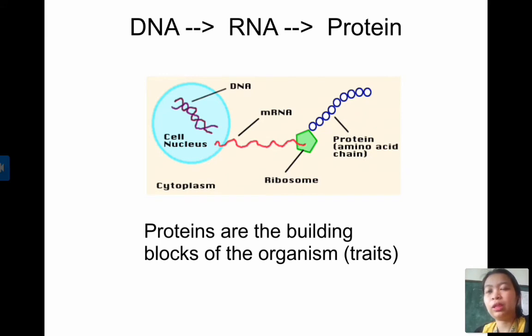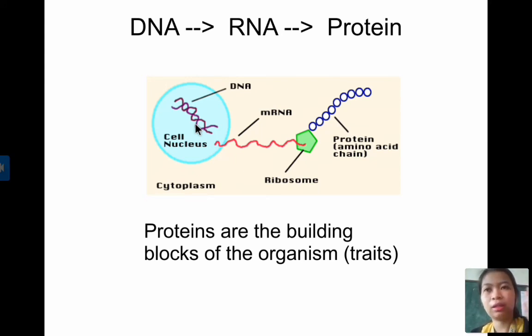Okay, so ito yung nangyayari. So, dun sa loob ng ating nucleus, doon sa loob nating cell, nandun yung nucleus. Inside the nucleus, there's the chromosome, and in the chromosome, nandun yung ating DNA. So, the DNA, nandun lang siya, doon siya nagre-replicate sa loob ng nucleus, gaya ng sinabi ko kanina. And then, yung mRNA, palabas na siya doon sa nucleus kasi dala niya yung transcription.